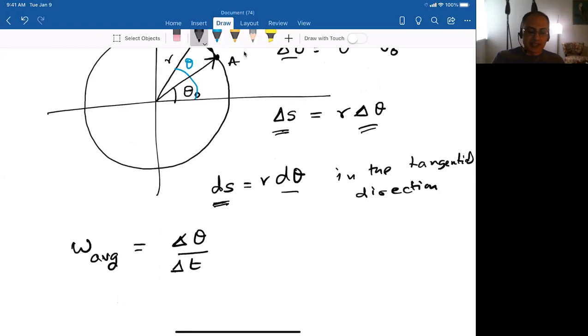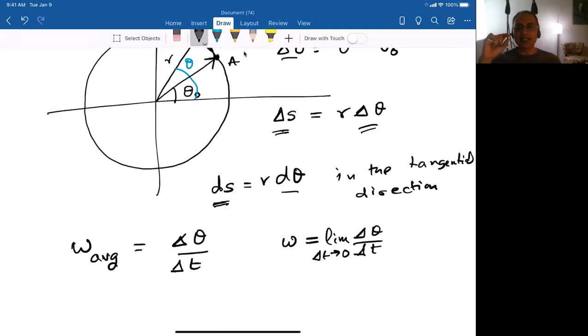Usually we are interested in the instantaneous omega at a certain point of time. And that is written just by omega. When I just say omega, I usually just mean instantaneous omega. And that is simply delta theta divided by delta t, the limit delta t tending to 0, same way you define all instantaneous quantities. Just to remind you, all that means is that you are talking about the omega at one particular instant of time, say t equals 7 seconds.